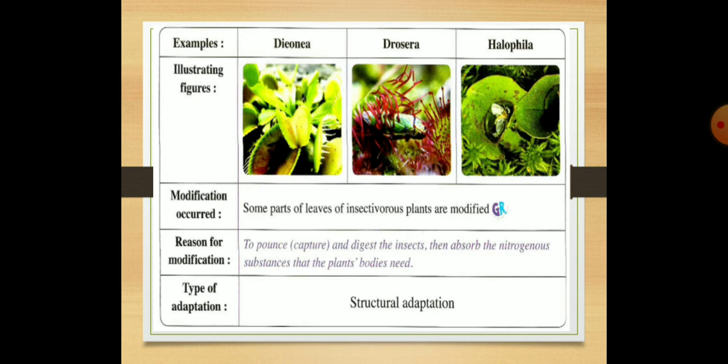The following table shows examples of insectivorous plants: Dionaea, Drosera, Halophila. Some parts of the leaves of insectivorous plants are modified to capture insects, then absorb the nitrogenous substances that the plant's bodies need. So this type of adaptation is structural adaptation.